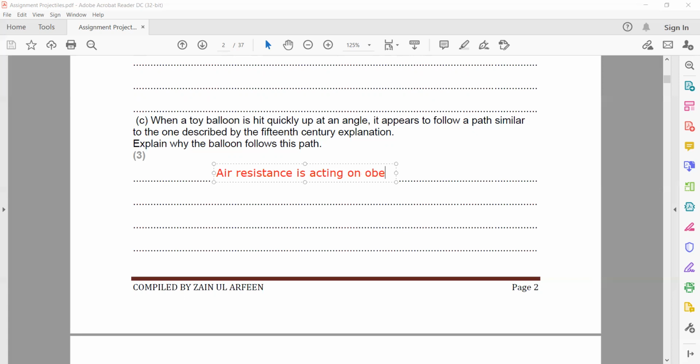So if air resistance is acting on the object, the horizontal component is not constant. It will decrease, or decelerate.